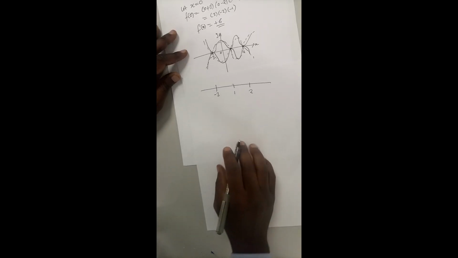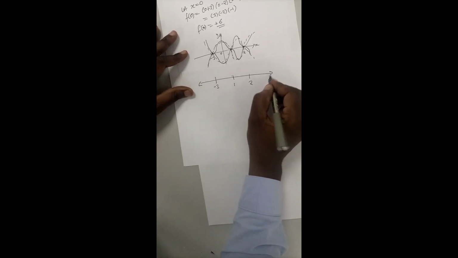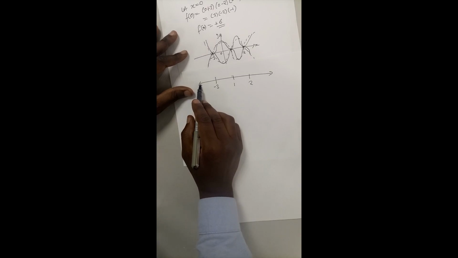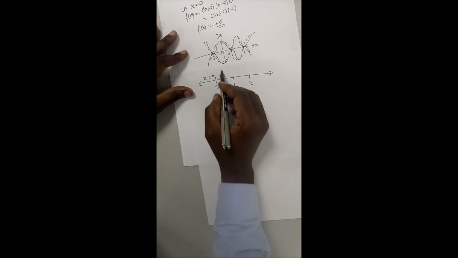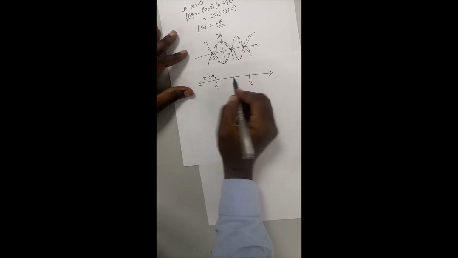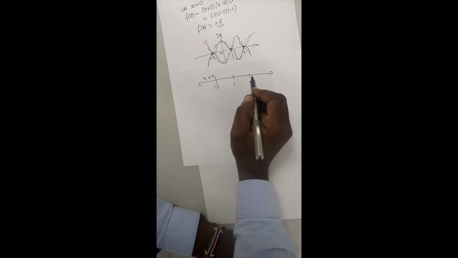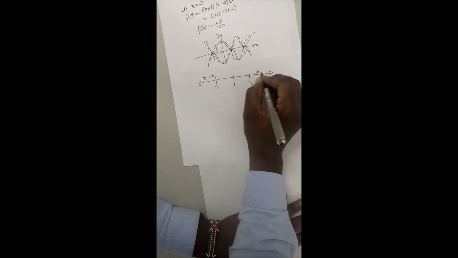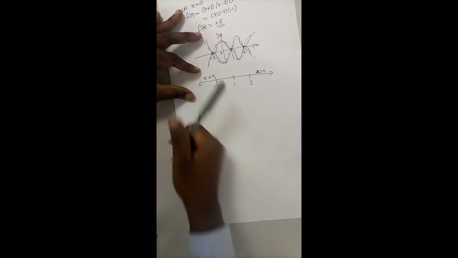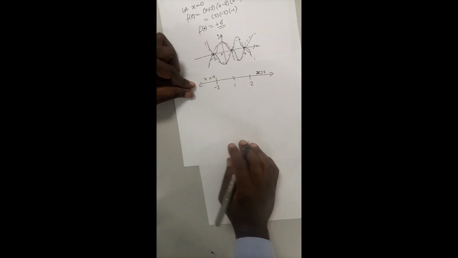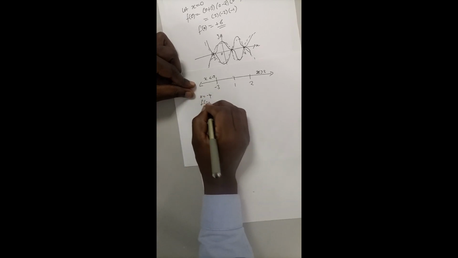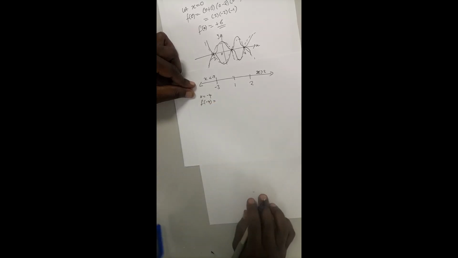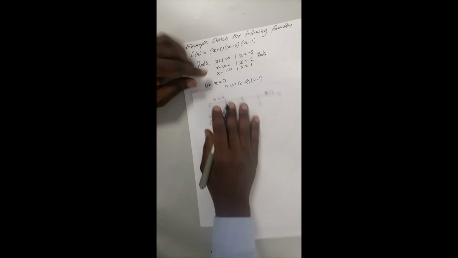You test the nature of this function for x less than negative 3, then for x between negative 3 and 1, for x between 1 and 2, and finally for values of x greater than 2. For the first part, we pick any number less than negative 3. So let's pick x is equal to negative 4. Find the function at x is equal to negative 4. Put negative 4 in the given function.